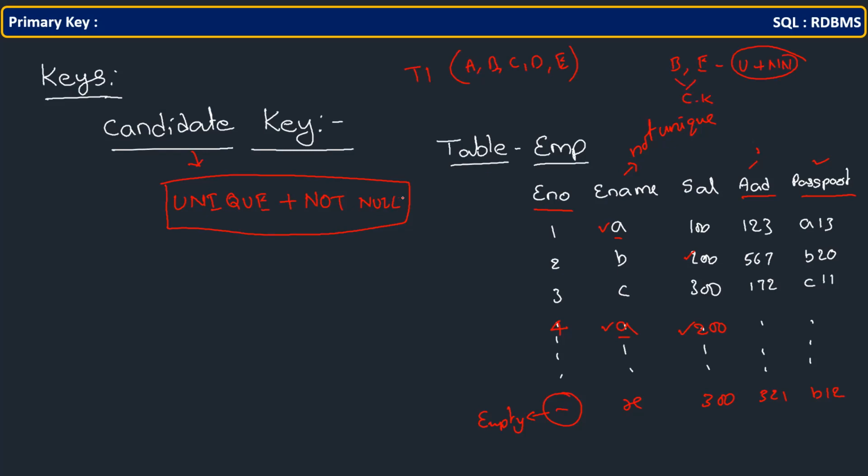Got the point or not? You need not see the names. When you are defining those columns, if you mention unique and not null, those are going to become the candidate keys.